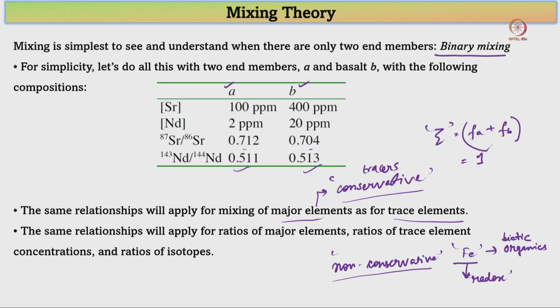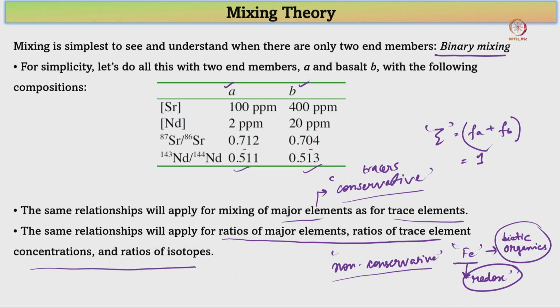Otherwise, even after mixing, for instance for iron, it can get removed due to redox related changes or due to biotic and organic interaction. We do not want to fall for such complexities, so we are going to use tracers which are conservative. And the same relationships will apply for ratios of major elements, ratios of trace element concentrations, and the ratio of isotopes.